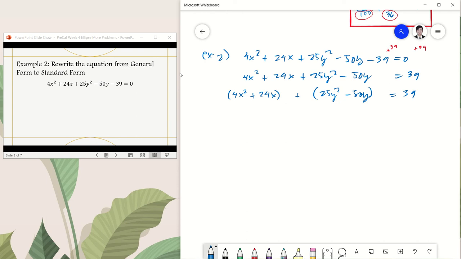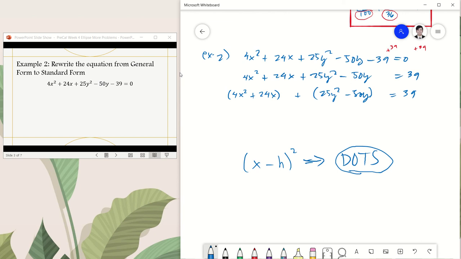Okay, so baka nalito kayo kung bakit mag-completing the square tayo. Ganito kasi yan. Yung form natin sa standard form of equation of an ellipse, it has to be factored out using DOTS, or difference of two squares. And for now, if i-GCF mo talaga siya completely, after that one, you cannot factor it anymore by DOTS.